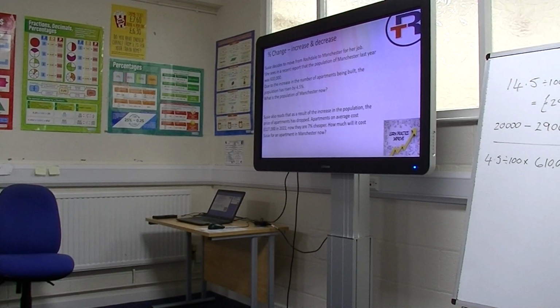Sure you've all got that first bit? Get used to that when you see that percentage. 4.5% means 4.5 divided by 100. Multiply by 610,000 gives you the increase.